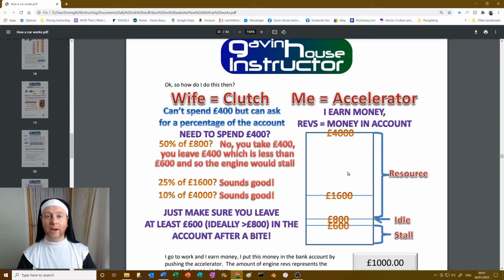And you could think of the accelerator as Gavin, who goes to work and he earns money, and he puts that money in a bank account. Okay, so here is the money that Gavin earns and he puts into the bank account. To go back to what we were talking about before, because remember this is basically an engine and an engine is a resource, well so is a bank account, it is a resource.